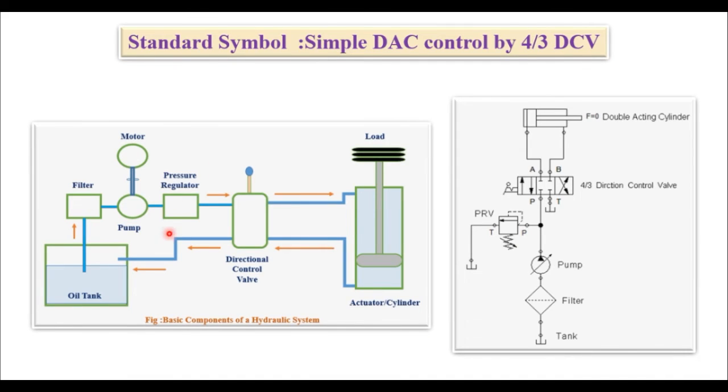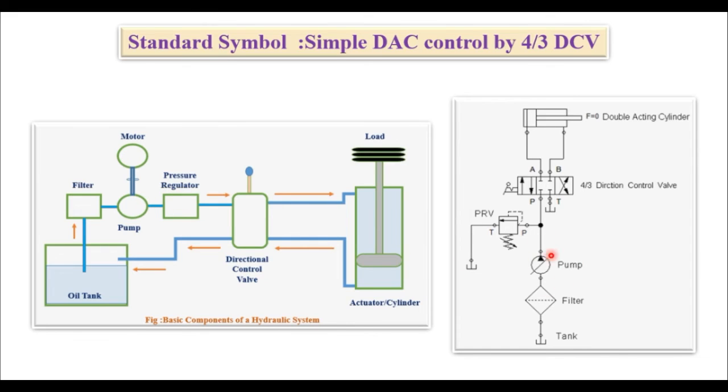In front of you is a simple hydraulic system, represented in a schematic way. Now we have to convert it into standard symbols and represent it in a standard circuit. This is a tank. Then a filter, this is the standard filter symbol. After that the pump, this is the pump symbol.